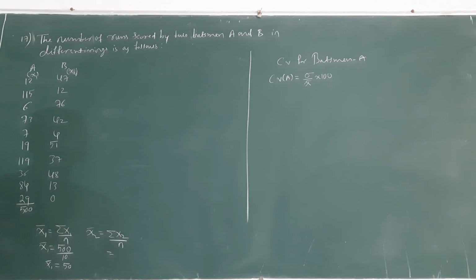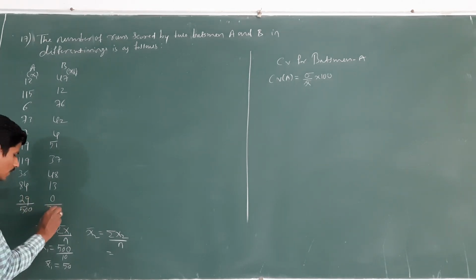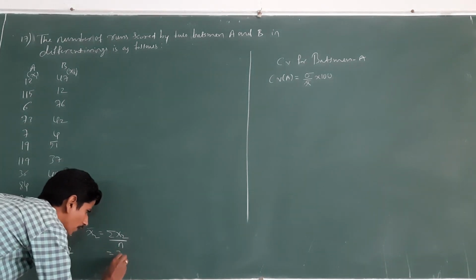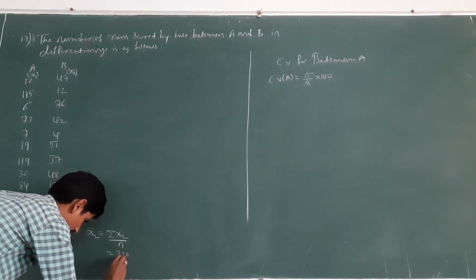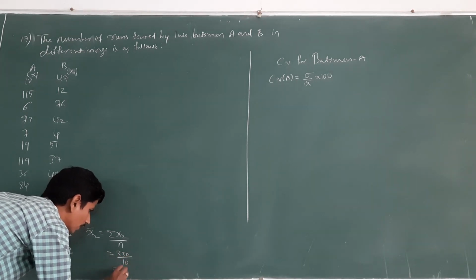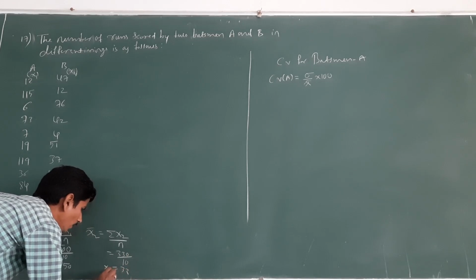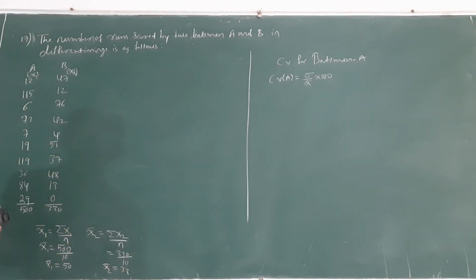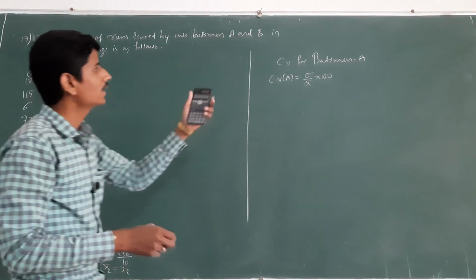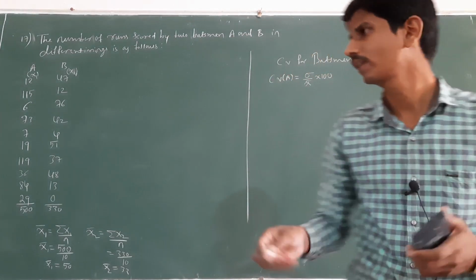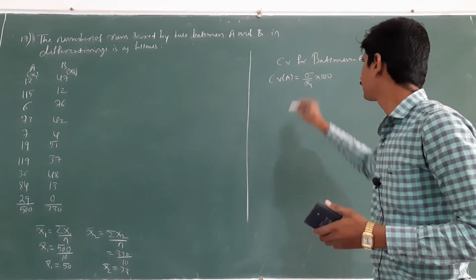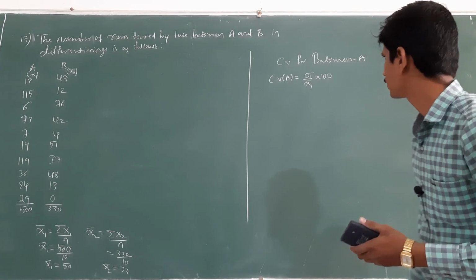Then we get 330 as the sum. 330 divided by 10 gives 33. So x2 bar equals 33. Next we want sigma 1 and sigma 2 values, and CV is sigma 1 divided by x1 bar into 100.